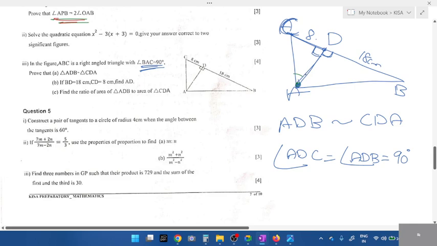See, the angle splits into two here, right? Therefore, what's the other angle left? Let me read. Prove that ADB, ABC is a right angle, 16. AD is 8. Find the value of AD. Okay, we need to prove they are equal. 90 degrees given.